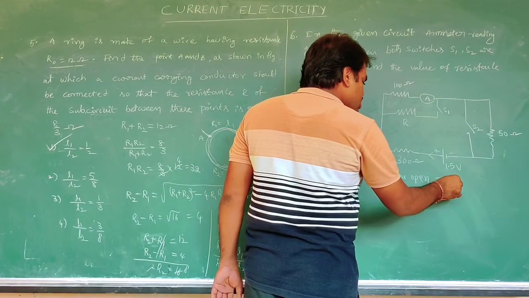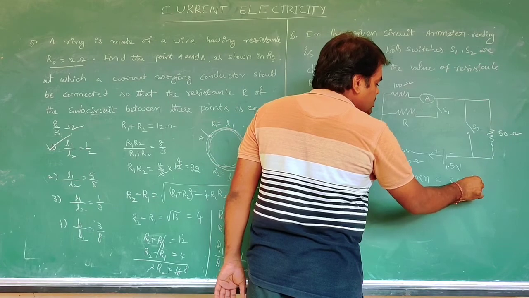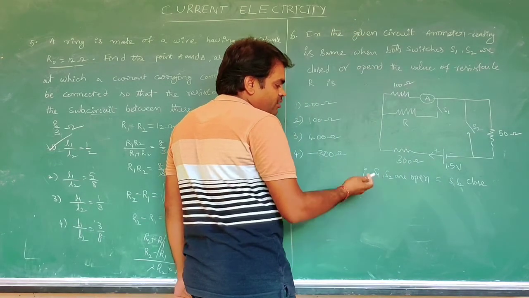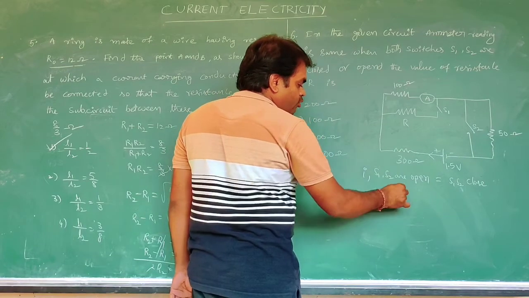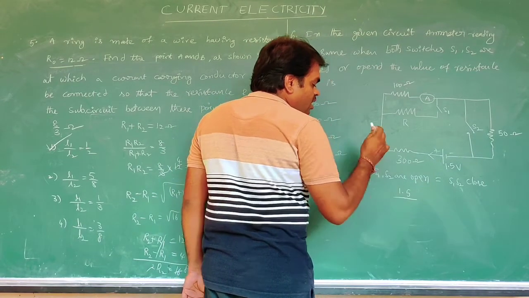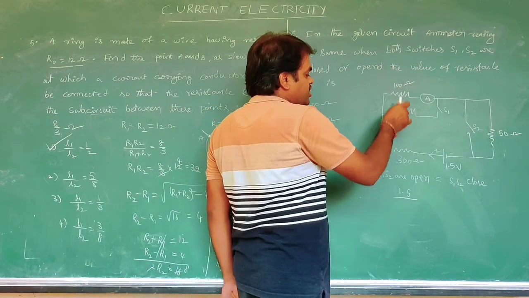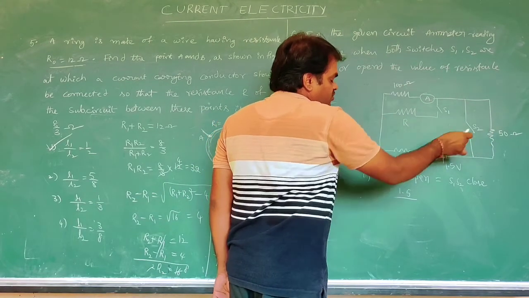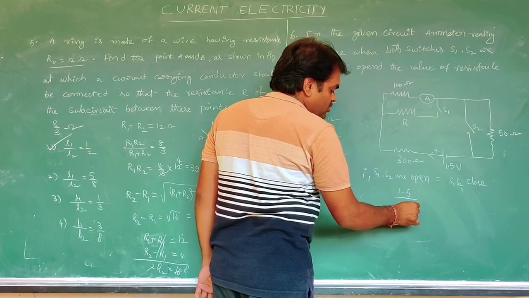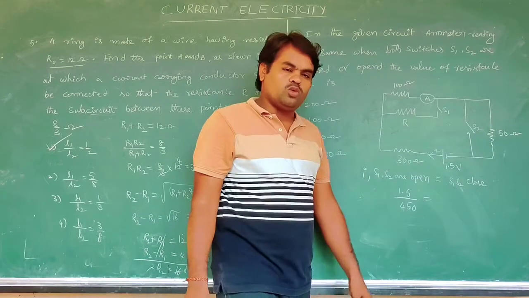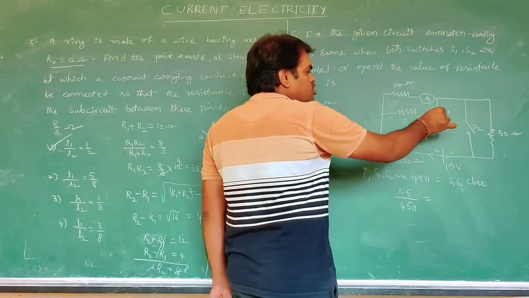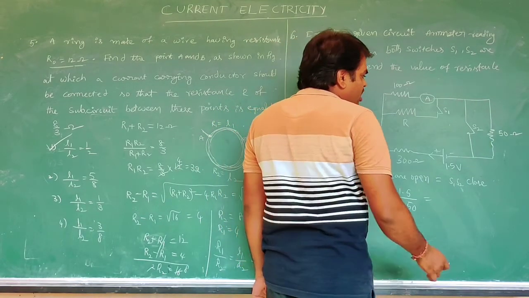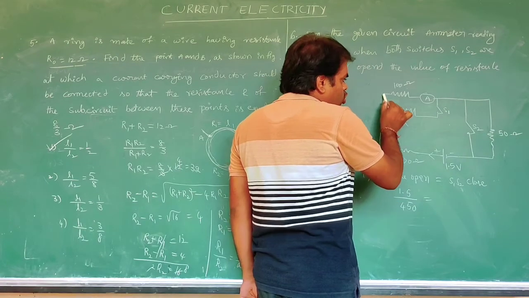Equal to when S1 S2 are closed. Here S1 S2 are open. The current formula is V by R, 1.5 by R. R is total resistance. 300, 100, 400, 400 plus 50. That is 450. Now both switches are closed. This closed, and this also closed. Here the current will pass through it.